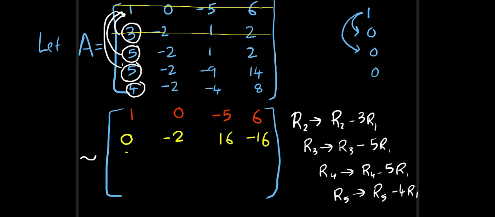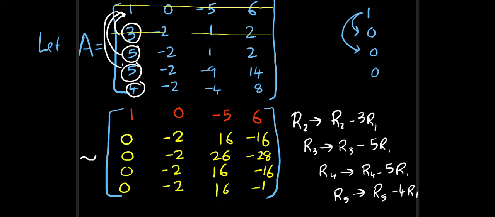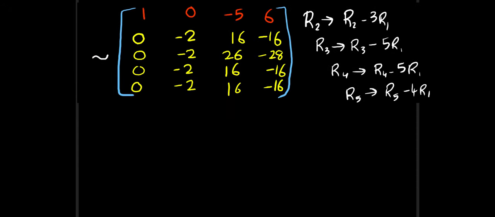And the next row, that is 0 minus 28, that will be 5 times, and again 5 times. So 0 minus 2, and that will be 16, and minus 16. You can use a calculator if you want. 16 minus 16.